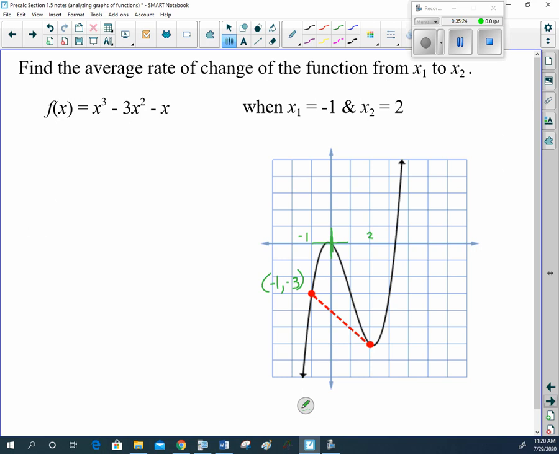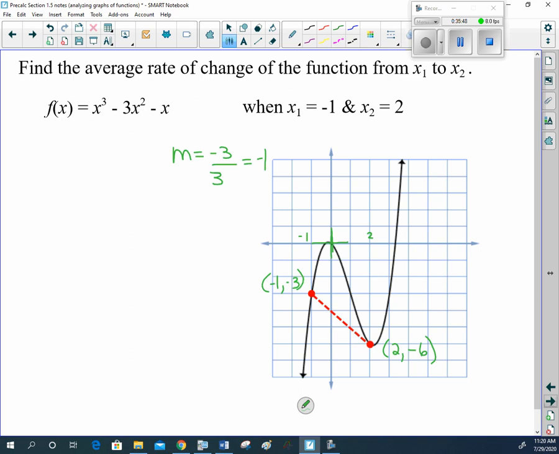And this point right here is 2, -6. So I could just count it out. It looks like I'm going down 1, 2, 3, and over 1, 2, 3. So counting it, I went down 3 to the right 3. So that looks like it's -1.